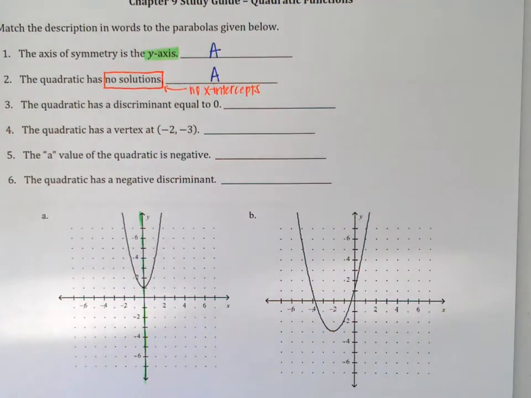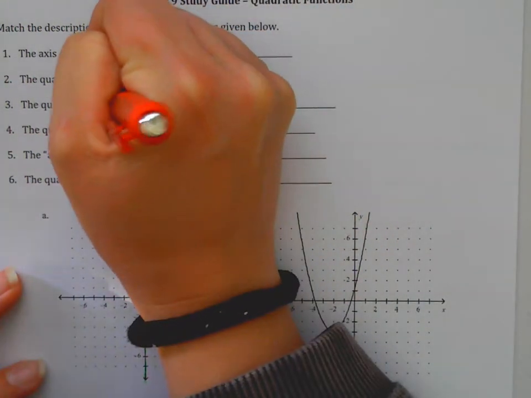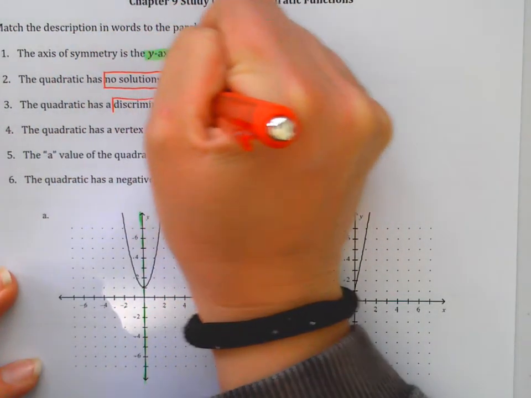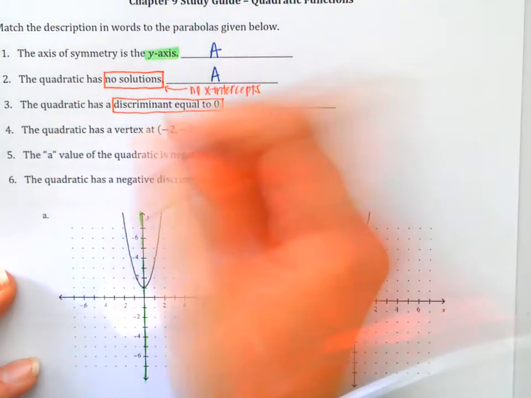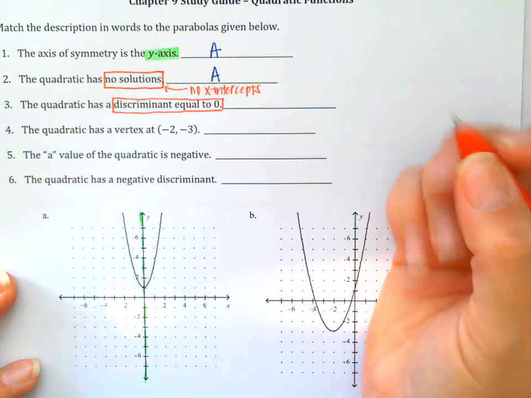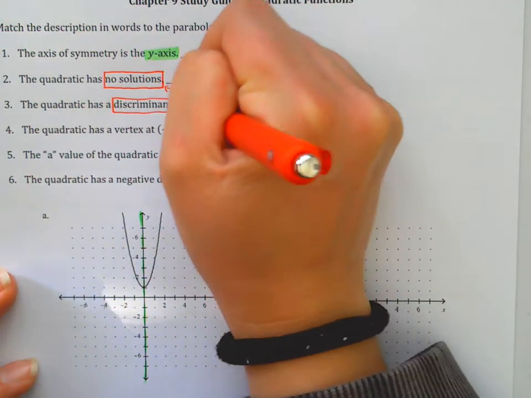If the discriminant is negative, there are no solutions. And if the discriminant is equal to 0, that means there's 1 solution. So if the discriminant equals 0, that tells me there's going to be 1 x-intercept.